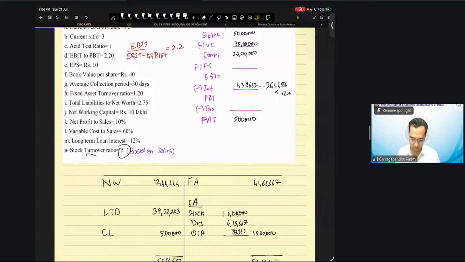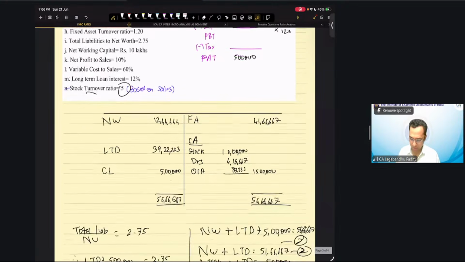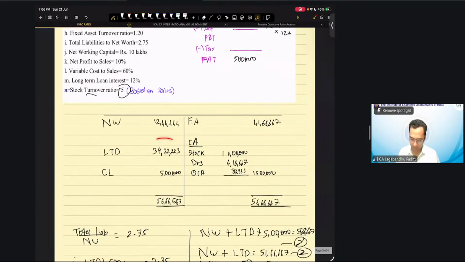As you see, this has total liabilities to net worth. This is 2.75. So total liabilities is what? 39 lakh 22,223 divided by 56 lakh 66,667. That's total liabilities to net worth.